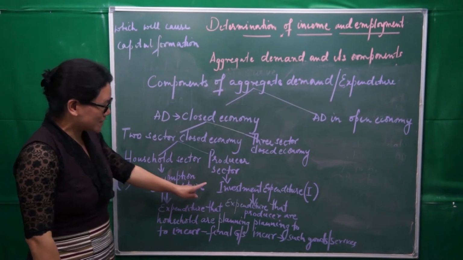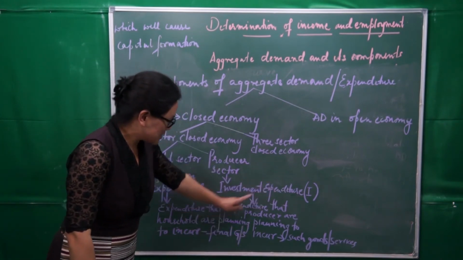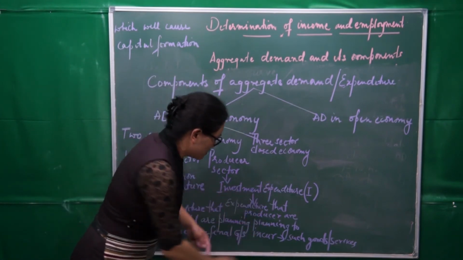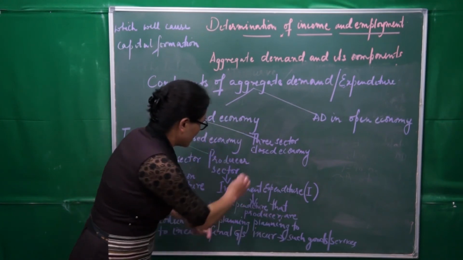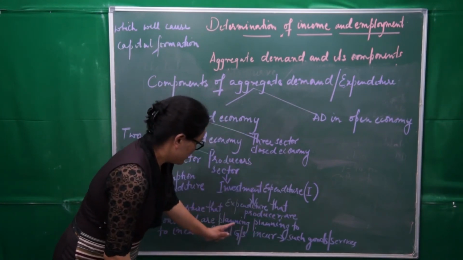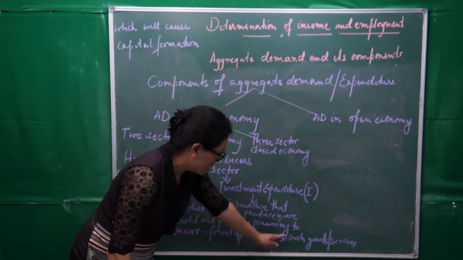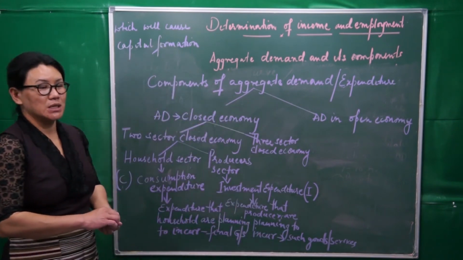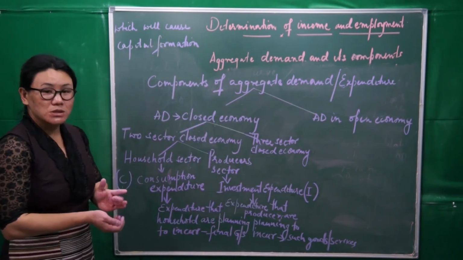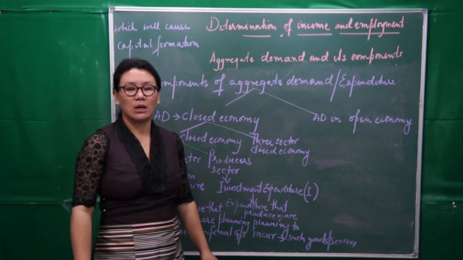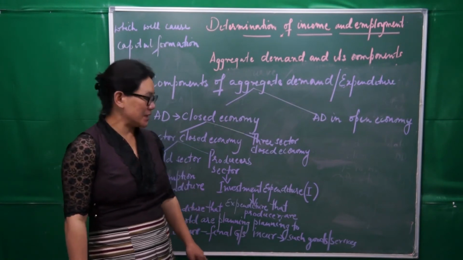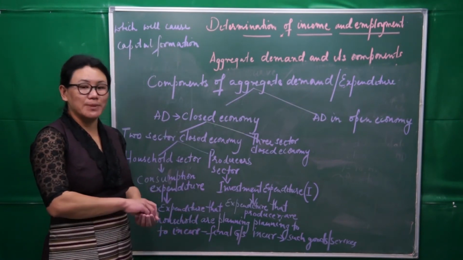So see here, what is this investment expenditure? Expenditure that producers are planning to incur on such goods and services which lead to capital formation is called as investment expenditure.